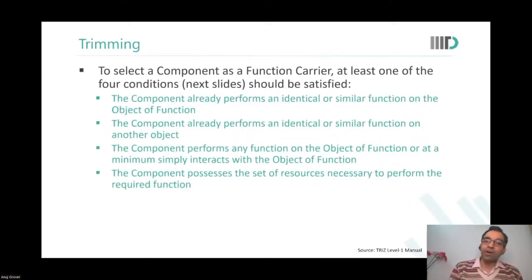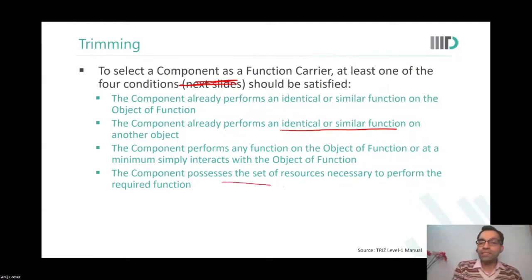The component already performs an identical or similar function on another object in the system. A component performs any function on the object of the function, or at a minimum at least interacts with the object of a function. We will see what this means. This might look cryptic. If you read it again, it will become simple for you.